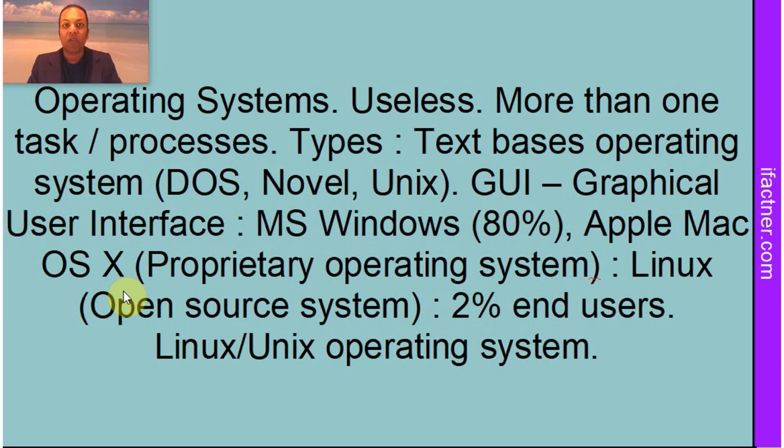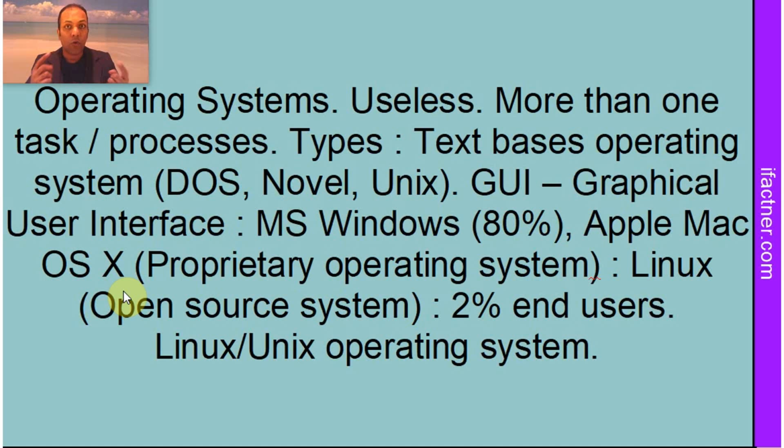That is, some company, for example Microsoft or Apple, owns these operating systems, and they have got the source code, and they can make changes in it and release newer versions. And usually users have to pay the cost to use these operating systems.